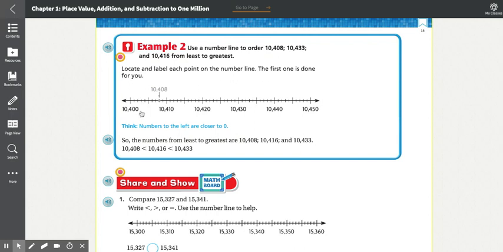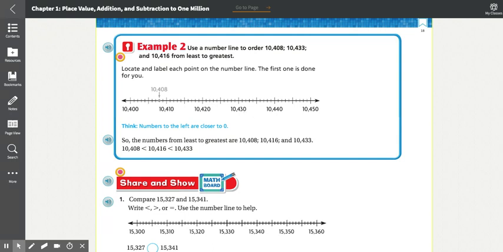So we know that 10,408 is between 10,400 and 10,410. Let's look at the second number, 10,433. So 10,420, 10,430, 10,440.